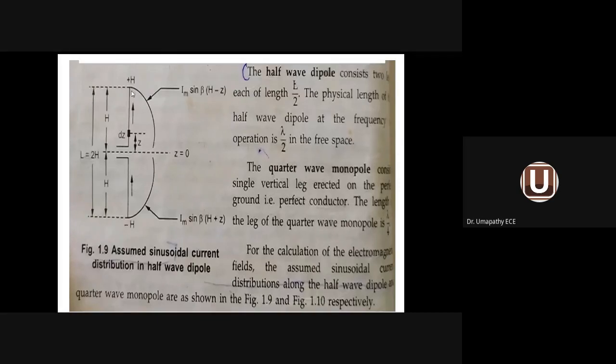But here, uniform current will not be flowing. You can see the maximum current distribution at the center, minimum current distribution at the end. But in the previous topic, we have assumed uniform current distribution throughout the current element. So that is one more difference here.